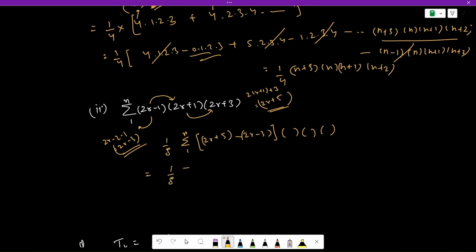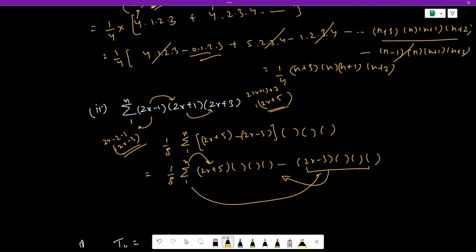So this will be 1 by 8, 1 to n, 2r plus 5 into all the three terms, minus 2r minus 3 into all the three terms. Now if you put r equal to r plus 1 in this term, you will get this. So just put n here and 1 in this term, and you will get the final answer.